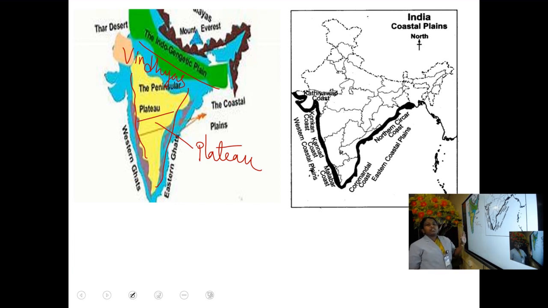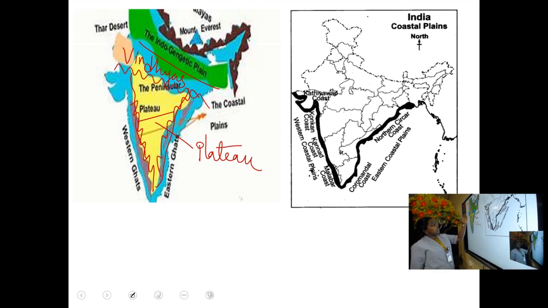See, usually a plateau will be surrounded by a group of hills. Here, when we study about the plateau region, we can see that here the Western Ghats are there. Here the Eastern Ghats are, and also here the Vindhya mountains are there.